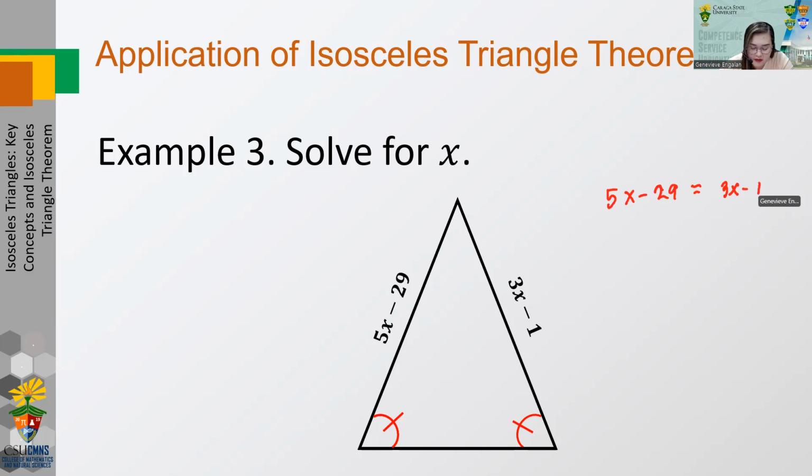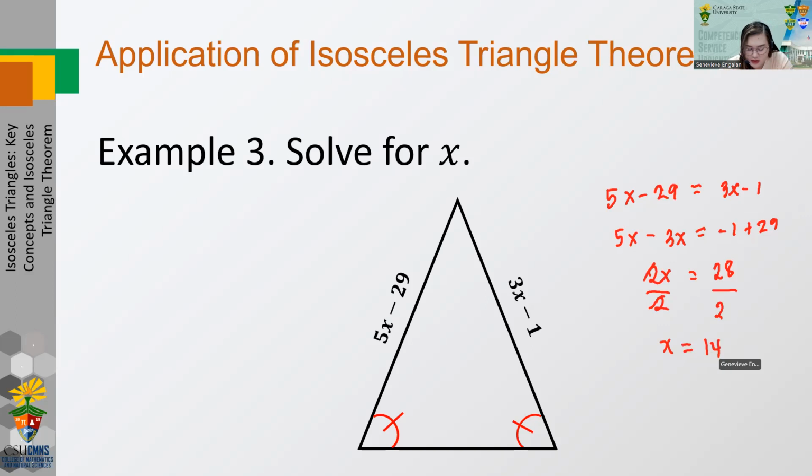So you have 5x minus 3x is equal to negative 1 plus 29. So pilang answer? 14. So this is 2x is equal to 28 divided by 2. So x is equal to 14. So that's correct. So x is equal to 14.